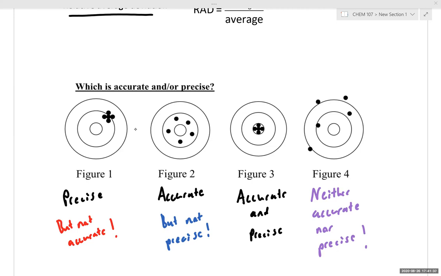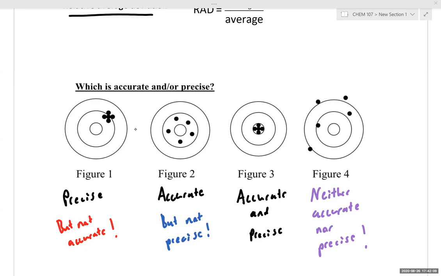Accuracy is a measure of how close your measured values are to the true value. Precision has to do with how close your measured values are to the average, how close your measured values are to each other. If your data points are closely clustered, if they have very similar values, your data set is precise. If your data points are spread apart, if they have varying values, then your data set is not very precise.